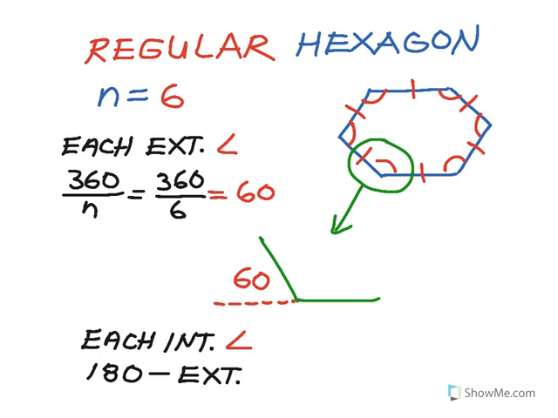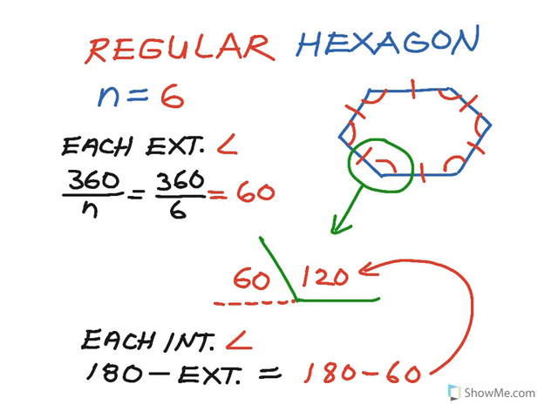They're supplementary. So I can find the interior angle by taking 180 degrees minus the exterior angle. So in this case, I've got 180 degrees minus 60, which leaves 120 degrees for the interior angle. So that's how you find the exterior and interior angles of a regular polygon.